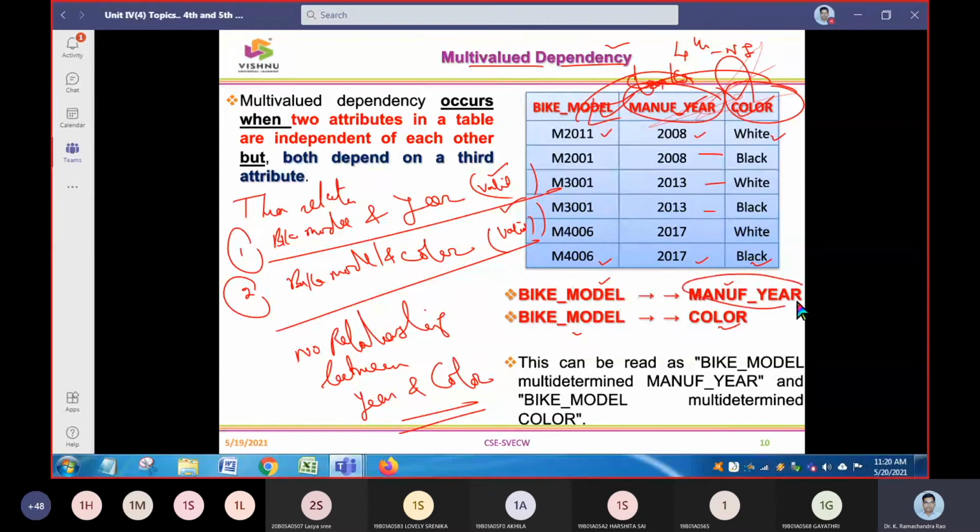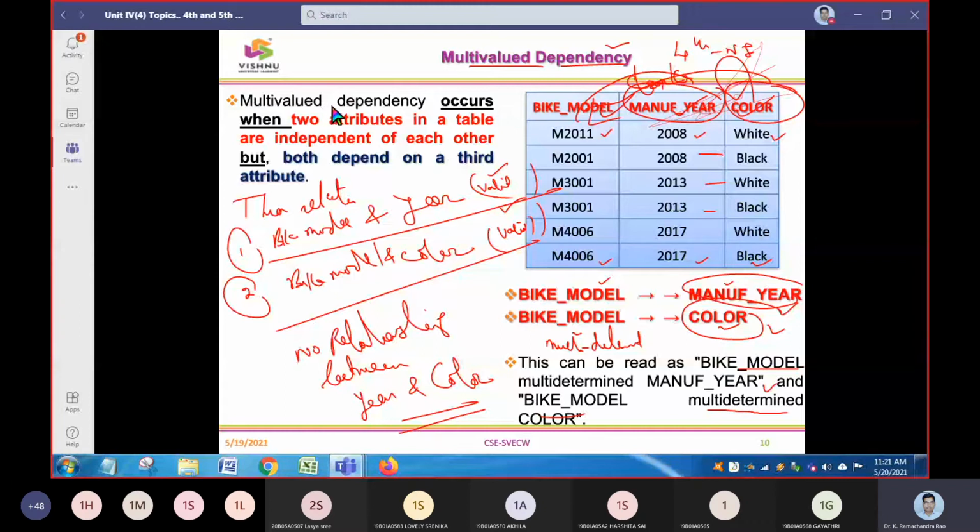So when we integrate these two items, we can say bike model is multi-determinant. It is determined by manufacturing year and by color.